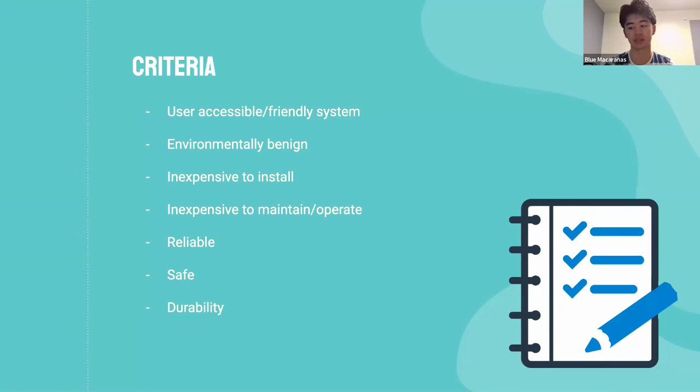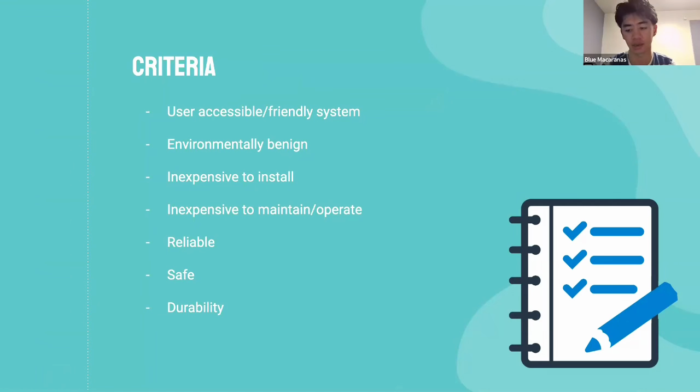We estimate the initial cost required to install each prototype, including equipment, labor, and any associated infrastructure modifications. Inexpensive to maintain or operate is estimating the ongoing expenses associated with operating and maintaining each prototype over its lifespan.